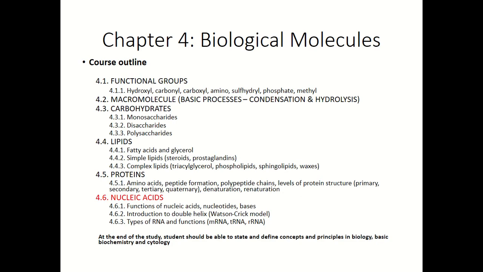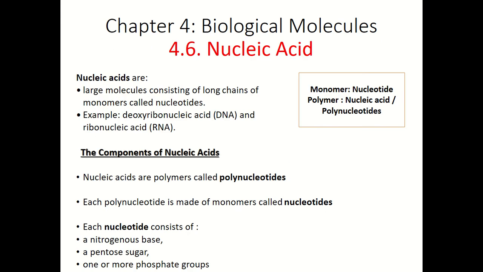Okay, next let's look at nucleic acid. So, nucleic acid is another example of biological molecules in which it is a large molecule consisting of a long chain of monomers called nucleotides.